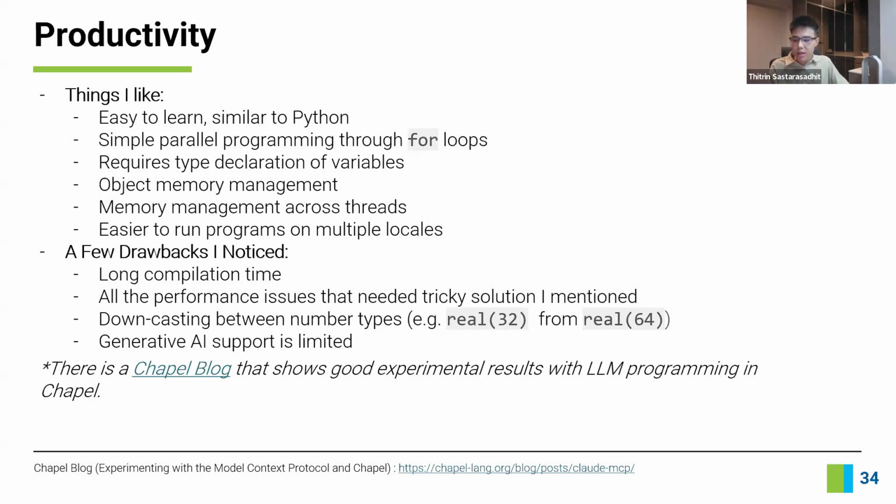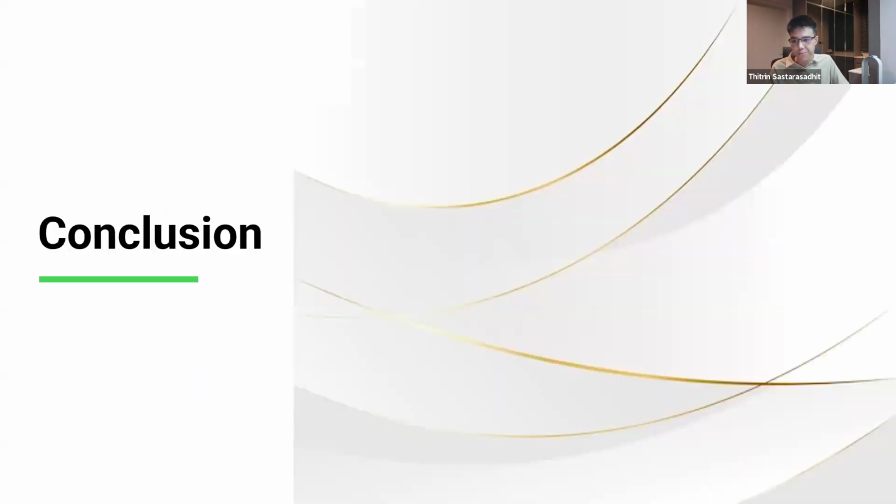I also want to mention that there is a Chapel blog that did some experiments on this, which got quite a good result, so you might want to have a look too. I have to note that for the performance issues, I didn't contact the Chapel community when I developed this project. However, I plan to do it soon after this presentation.